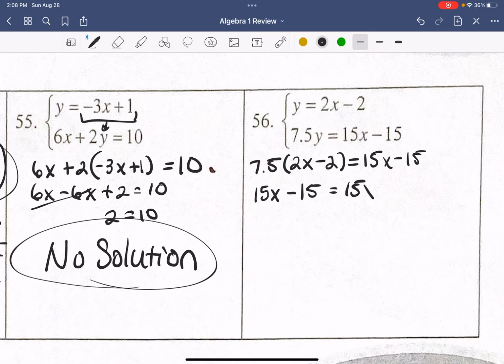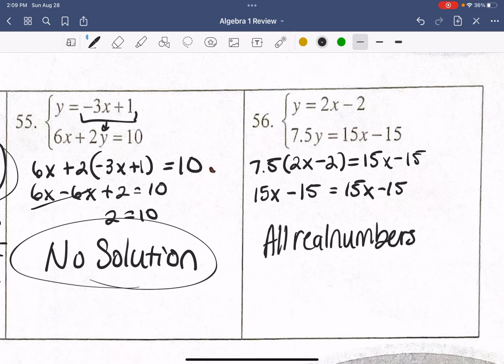And so now we have the opposite problem of 55, where we have the exact same thing on both sides of the equation. So if you get this, this is all real numbers. Or we also call it infinitely many solutions.